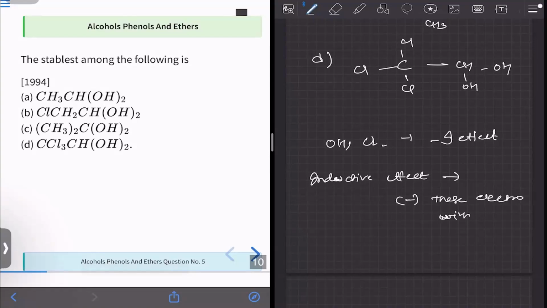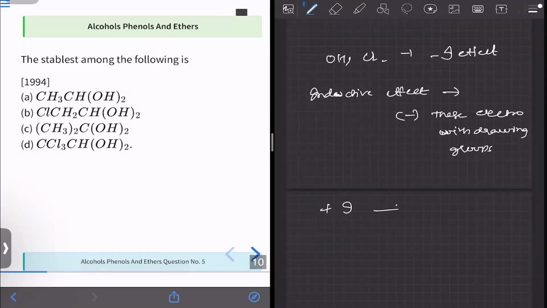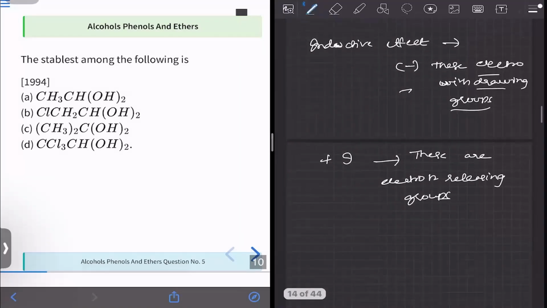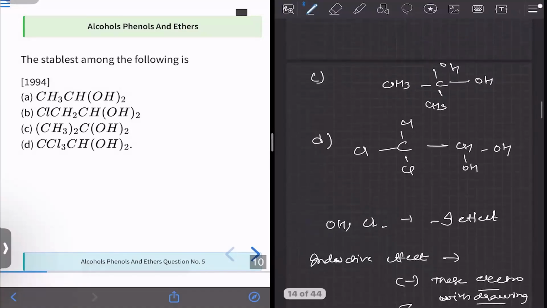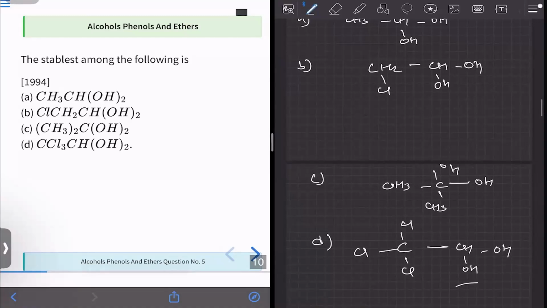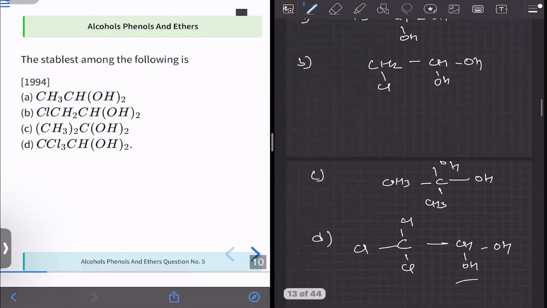What is meant by the plus I effect? Plus I means these are electron releasing groups. See, every option contains OH, so OH doesn't make a significant difference in these options.